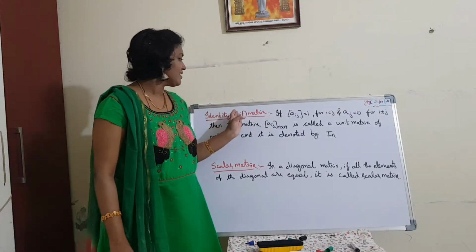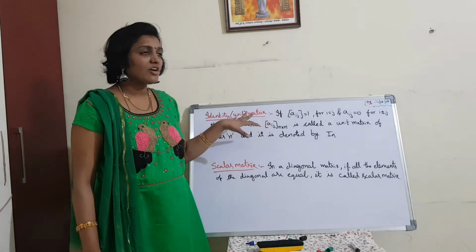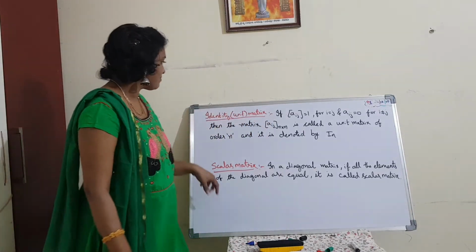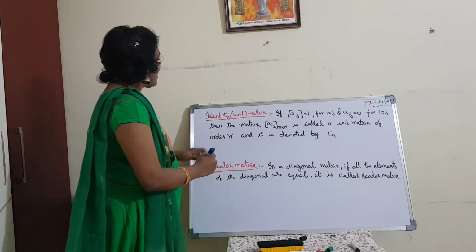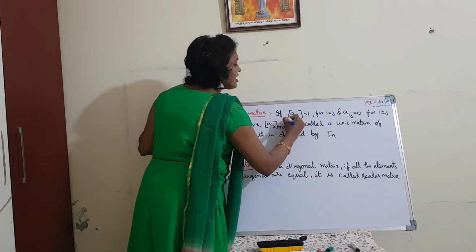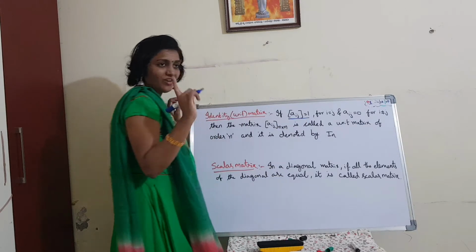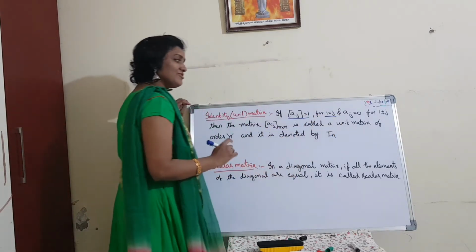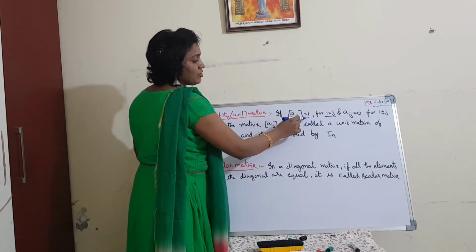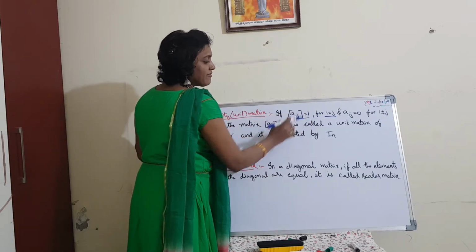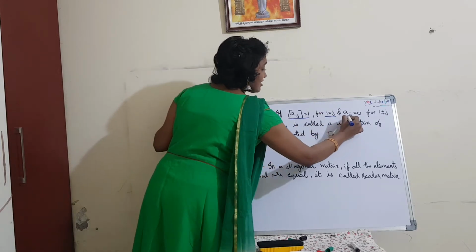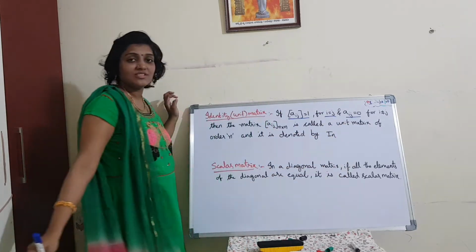Next, identity matrix, or we will call it a unit matrix. If aij = 1 for i = j, and aij = 0 for i not equal to j.